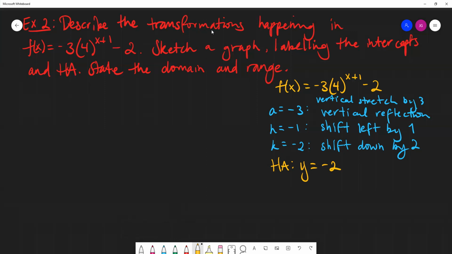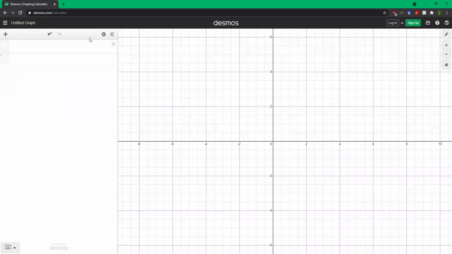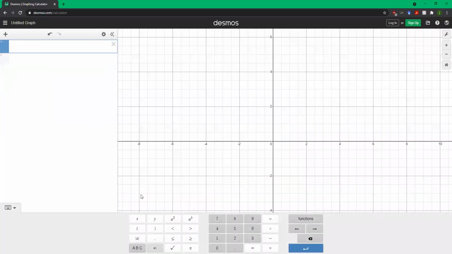Let's put this in Desmos and see what it looks like. Okay, I'm going to get rid of these two. And so I'm going to do negative 3, left parentheses, 4 to the power of, using this a to the b button.